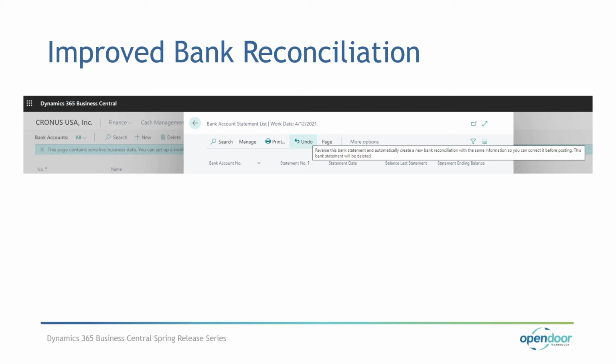It will create a new bank reconciliation that you can edit and then correct and post to replace the one that you canceled. So this is a new improvement that has been released for bank reconciliations done by Automatch. And there is also a new report for those reconciliations, so a posted statement that is available to print out.